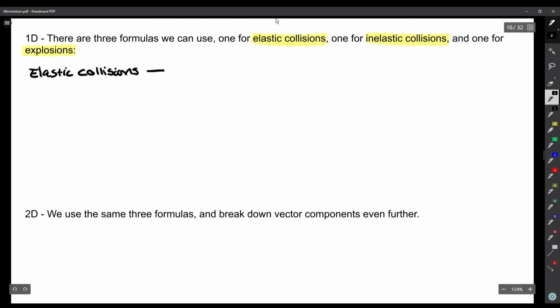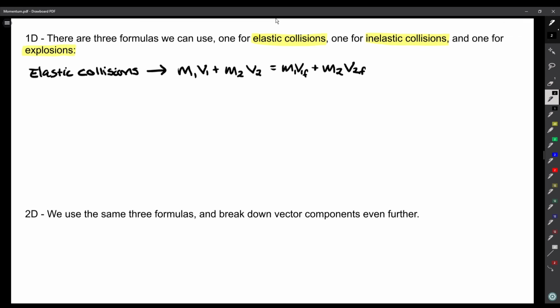We use the momentum formula m1v1 plus m2v2 equals m1v1 final plus m2v2 final.